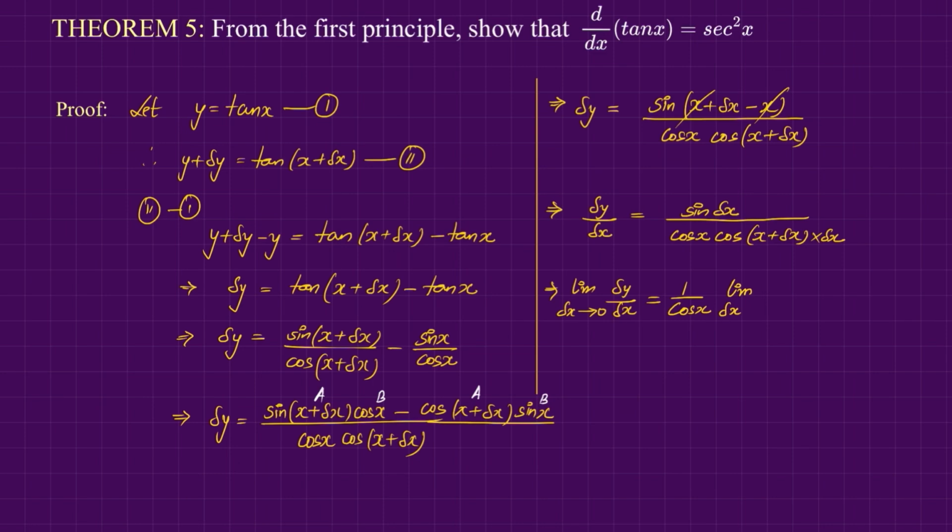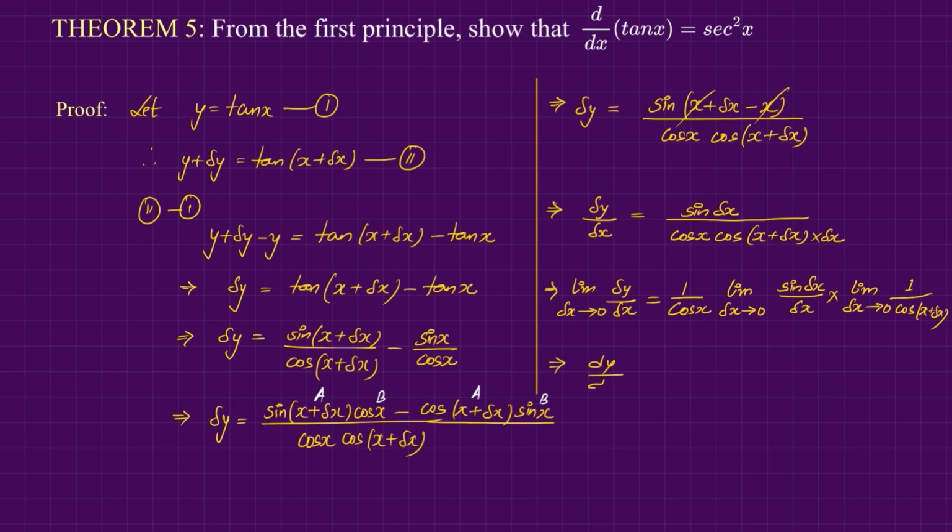So limit delta x tends to 0 of sine of delta x over delta x, into limit delta x tends to 0 of 1 by cos of x plus delta x. Okay, now as you can see, this portion is 1, and here I will put the value of delta x as 0.